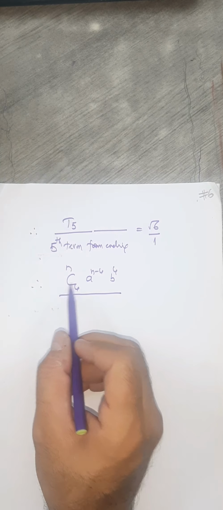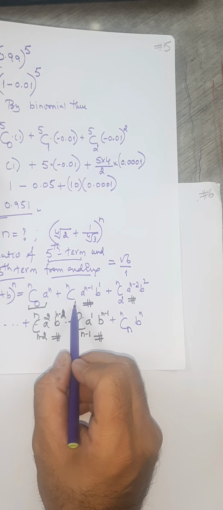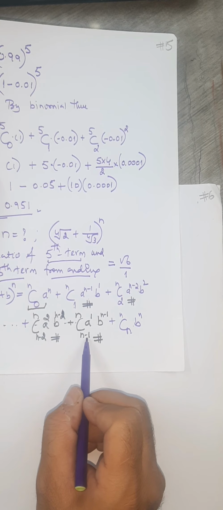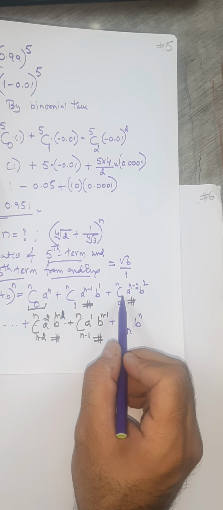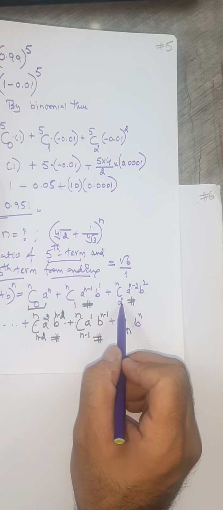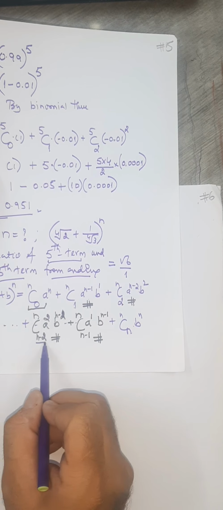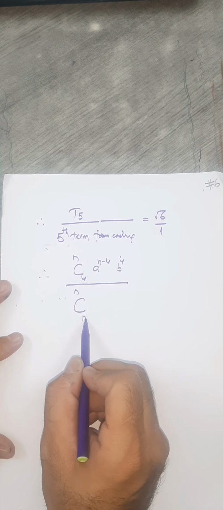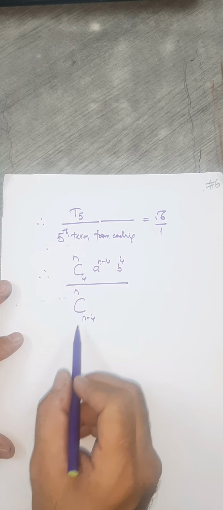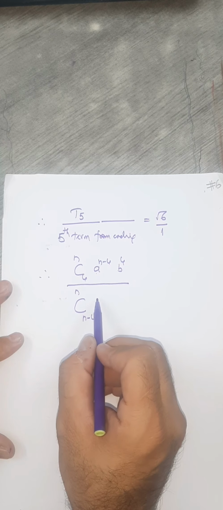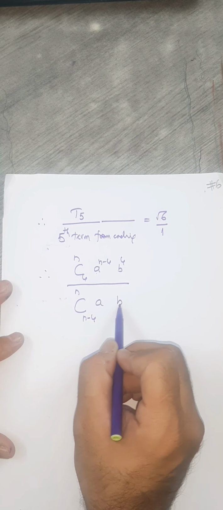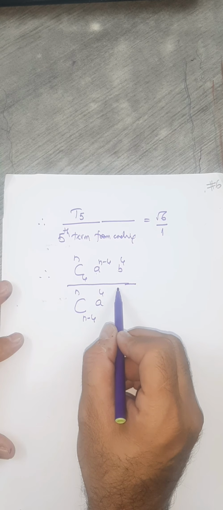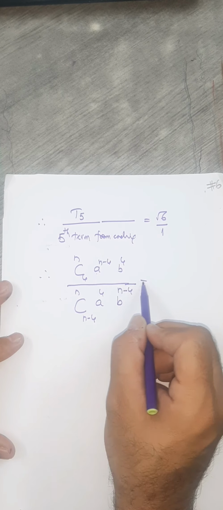As I explained, if you have second term from the beginning, then here 1, and second term from ending n minus 1. Third term from the beginning, here 2. Third term from ending n minus 2. So what we'll get here? NC here n minus 4. Right? Just observe this. What about powers of a and b? Powers of a and b get interchanged. Here power of a will be 4 and power of b will be here n minus 4 equals to root 6 by 1.